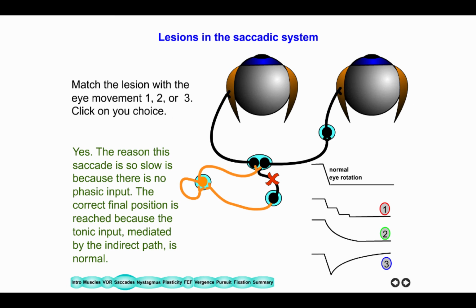Now you don't have this thing, so you don't make the quick movement that you saw before in the normal saccades. But you still get to where you're going because you still have this circuit, which slowly gets you to where you want to go. So this pathway gets you there quickly, this pathway gets you there slowly, and the combination of the two gets you there quickly and holds it there.